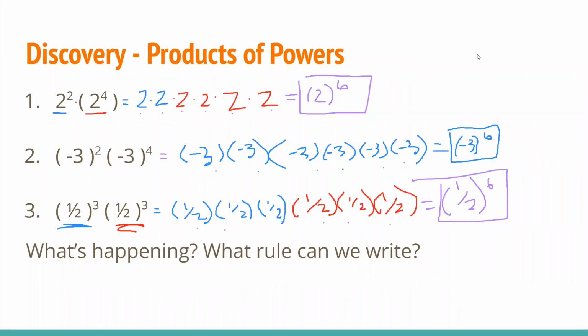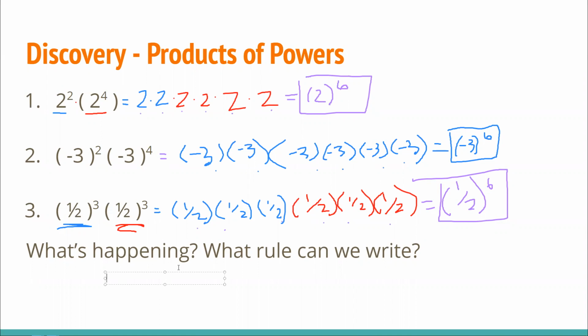So there is a simpler way to do this, and maybe you've noticed it. So what's happening and what rule can we write? If you notice, we can look at these exponents. We've got a 2, a 4, and then a 6. A 3, a 3, and then a 6.